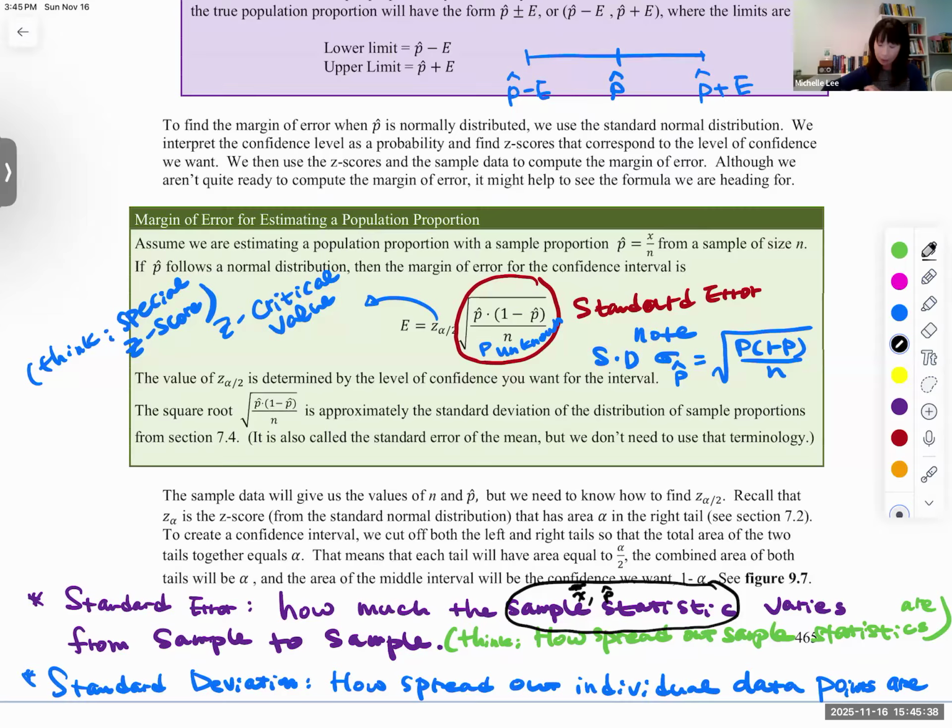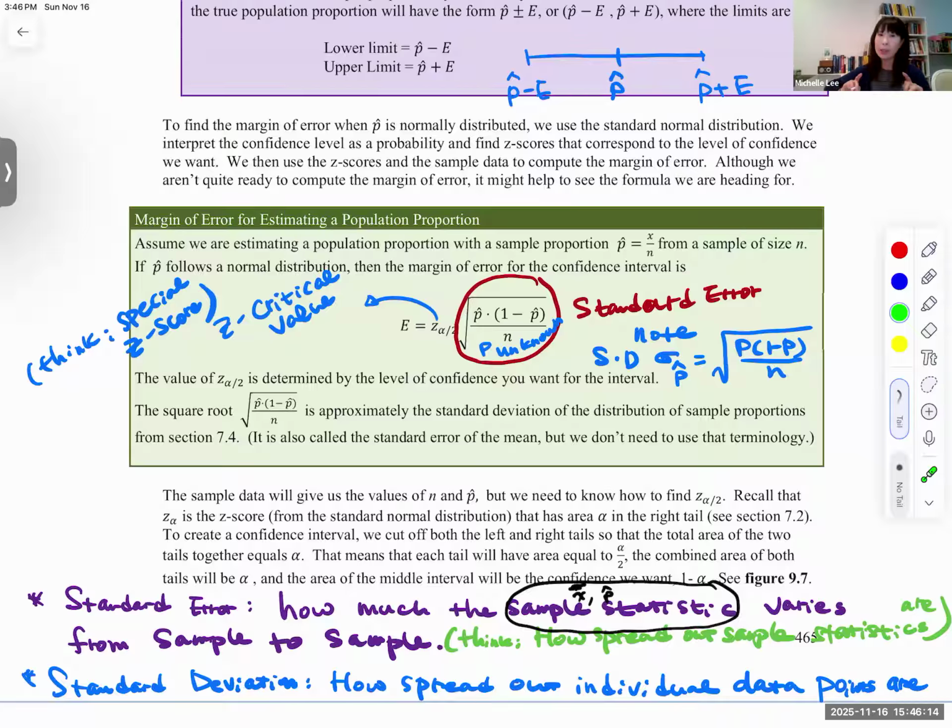What is a sample statistic? It's the sample mean, X bar, the sample standard deviation, or the sample proportion, p hat. Think of how spread out the sample statistic is. Then standard deviation, which we can compare with the standard error, is how spread out individual data points are. Can you see that? This is sample to sample. This is individual data points.